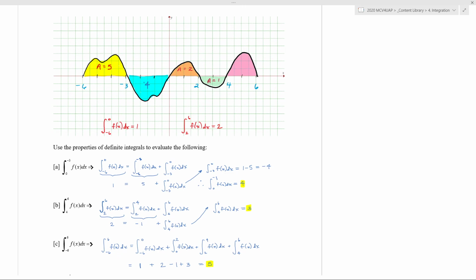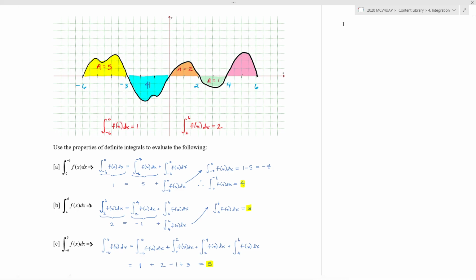Now, you can see that I wrote all that down. If you want to write it formally, break up the integral from -6 to 0 into two integrals: from -6 to -3, plus the integral from -3 to 0.